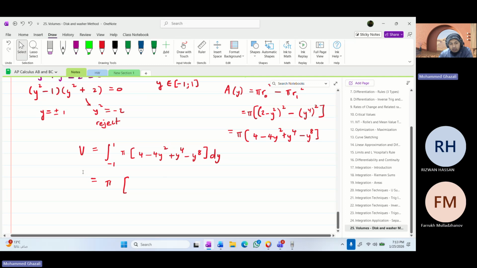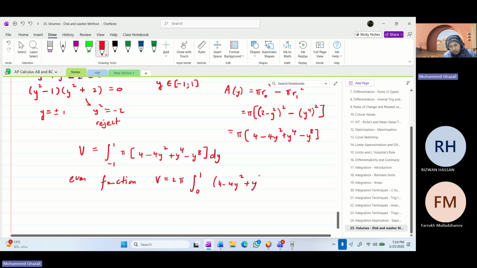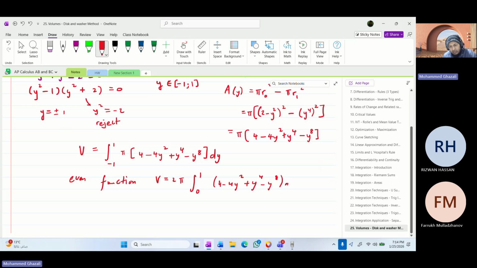Okay, listen. You can just integrate this. Remember, this function is even or odd. Everything is even powers here. It's an even function. So I can just integrate from 0 to 1 and times 2. It's an even function, so the volume is equal to 2 pi integral 0 to 1 of 4 minus 4y squared plus y to the power 4 minus y to the power 8 dy.